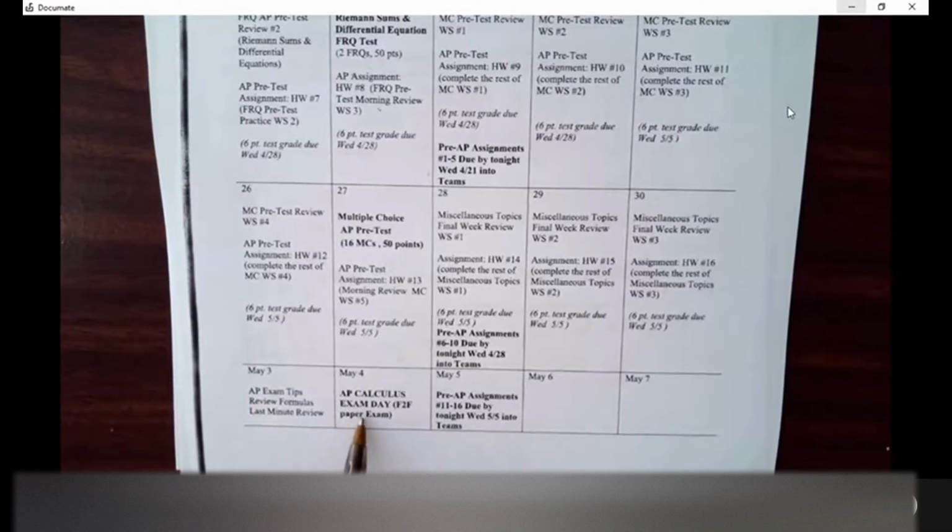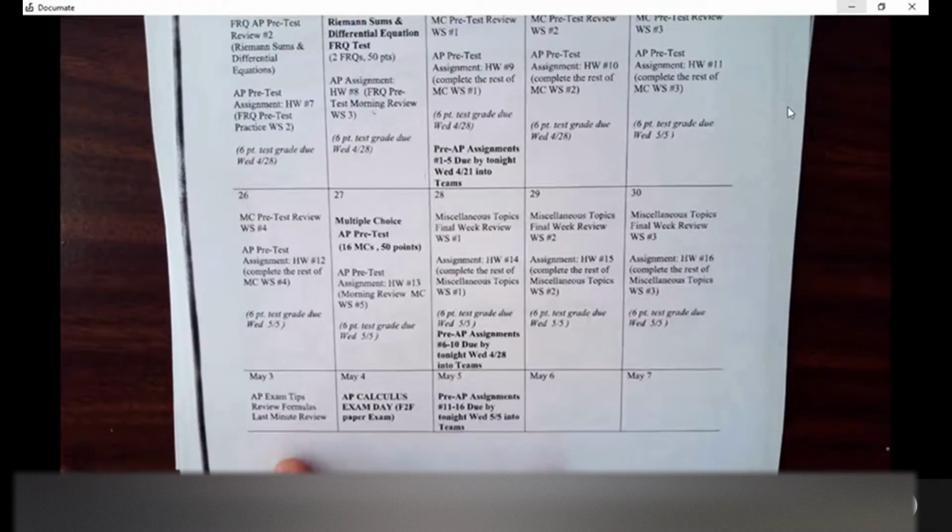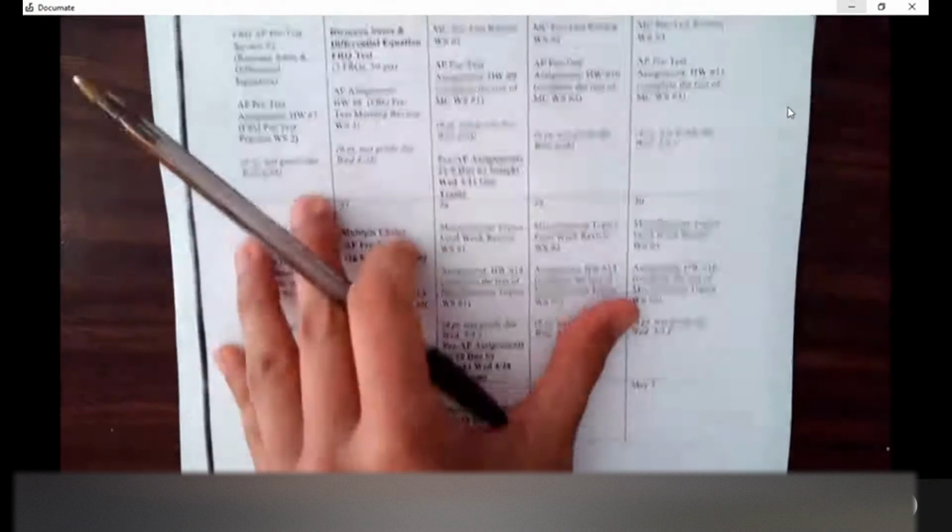Your exam is going to be in the gym, 8 to 12 a.m., I believe is the time. I don't really have anything to do for us after this date, except for maybe working with students who need to bring up their grade up to passing. So I may be working with more individual students after this date.